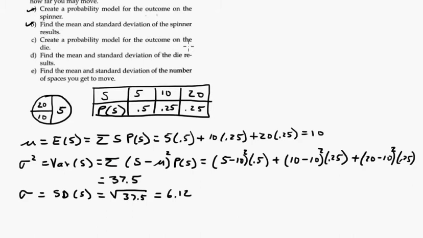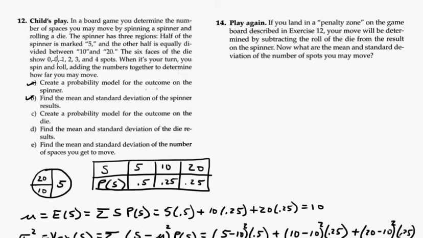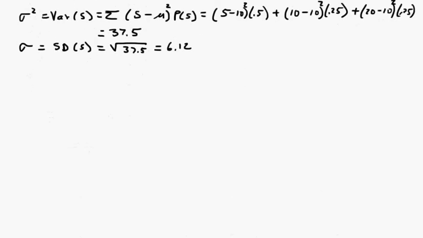Now create a probability model for the die. The die is kind of a screwy die. It has 2 sides with 0, and then 1, 2, 3, and 4. Let's draw a little picture of a die like this.